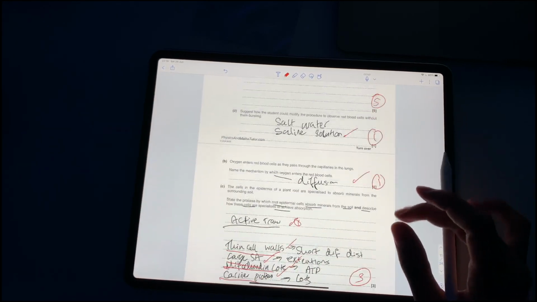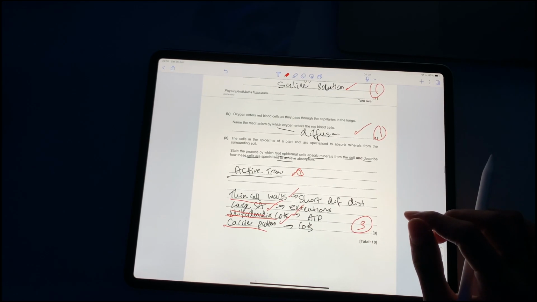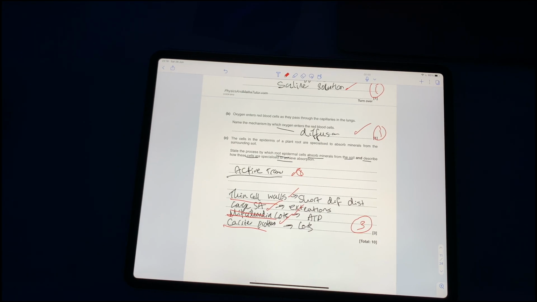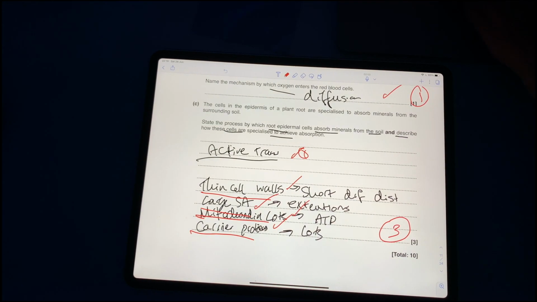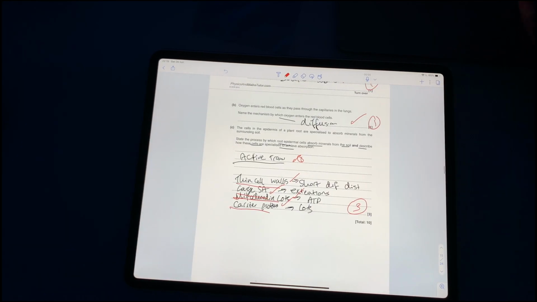I don't know why, that felt easy. I don't know, let's just count it up. I don't have a calculator, which is annoying, but let's just use the one on my laptop. So it's out of, so let's just do 10.